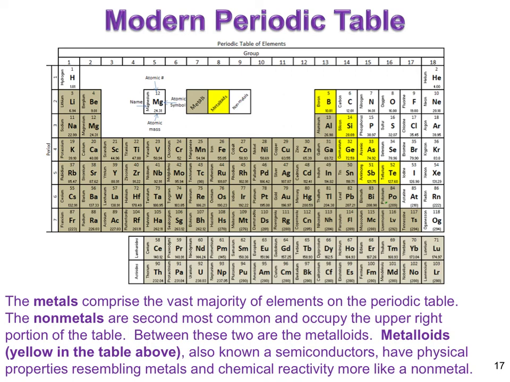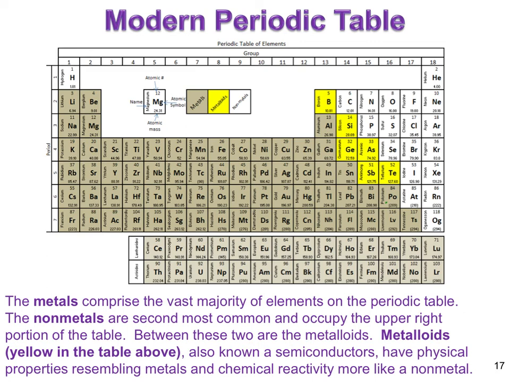The nonmetals, however, do not have such properties. They have a variety of different properties. Some are gases, some are solids, some are liquids, and they don't conduct electricity very well, and they don't conduct heat very well either.